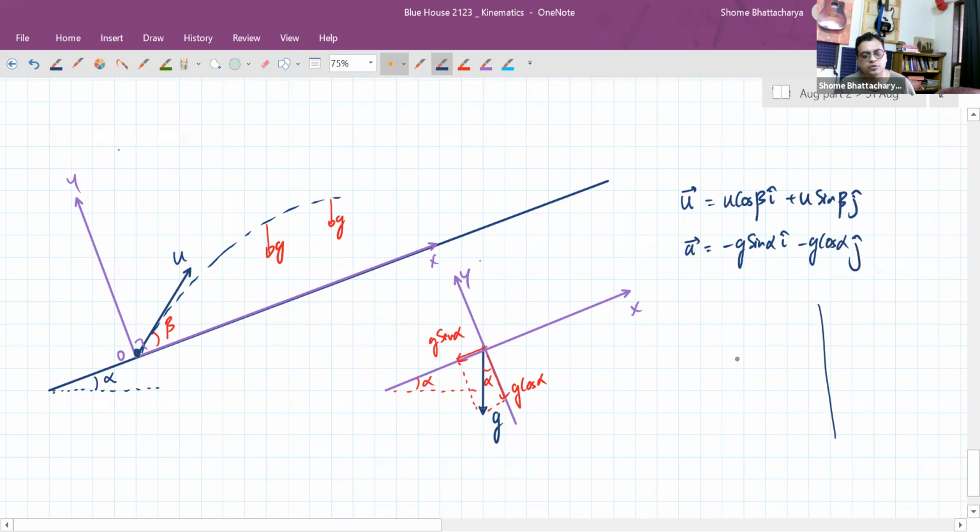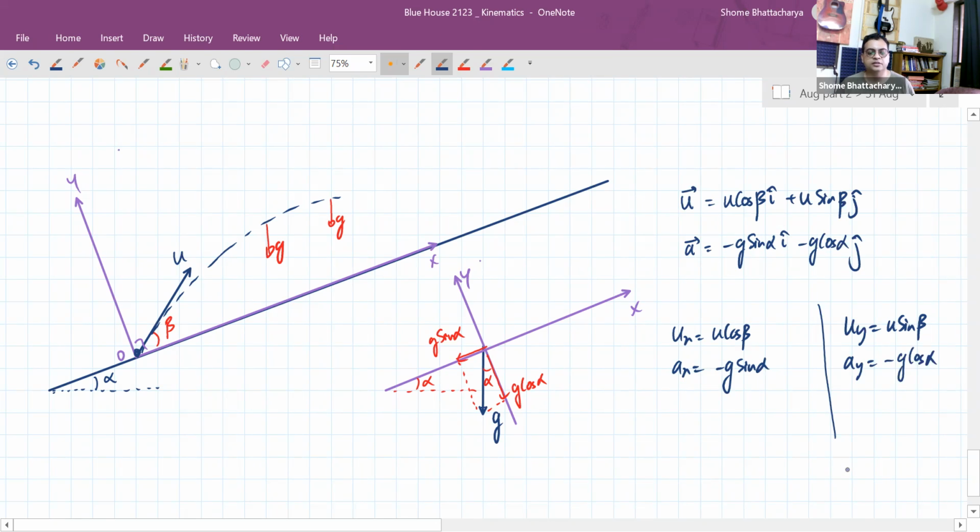So if we write this in component form, ux is u cos beta and ax is minus g sin alpha. Similarly, uy is u sin beta, but ay, unlike in the case where it was horizontal and vertical, is not minus g, it is minus g cos alpha.